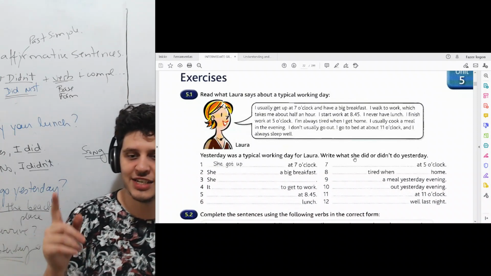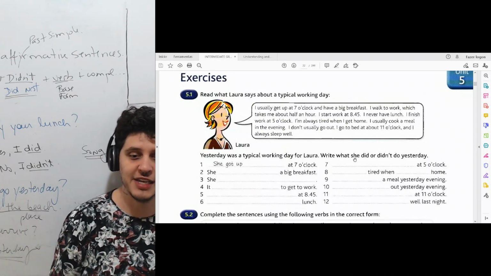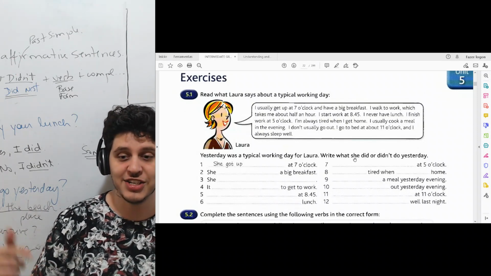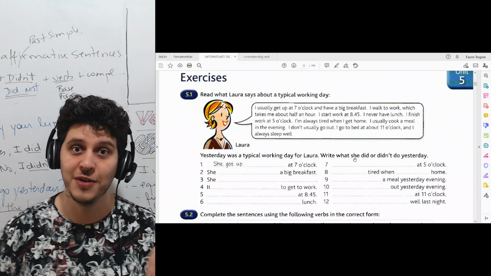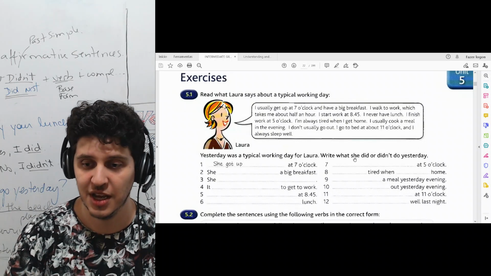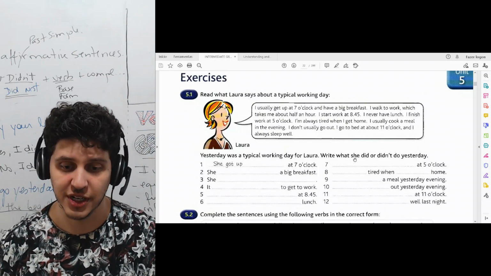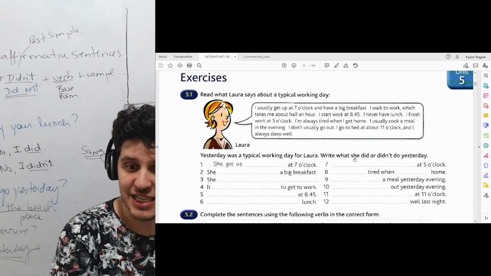She says that she gets up at 7. So number one, she got up at 7 o'clock. She says that she has a big breakfast. So in the past, she had a big breakfast. Number 3, she says she walks to work. So yesterday she walked to work.